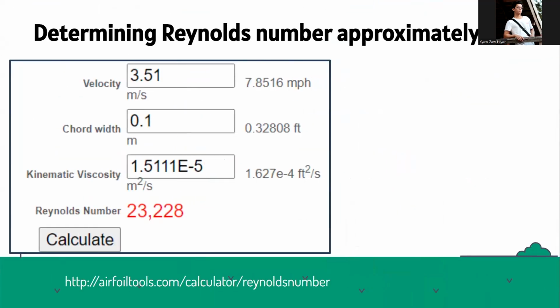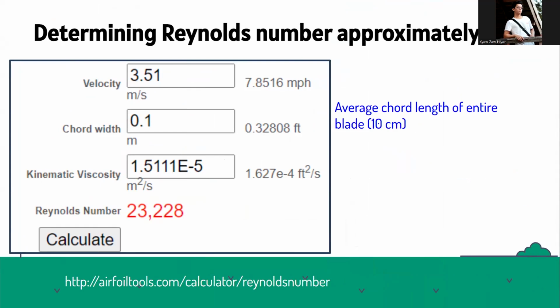Before designing a turbine in the software, we need to determine the Reynolds number, which is crucial for optimizing the wind turbine's efficiency and capabilities. So we use airfoiltools.com to calculate the Reynolds number.